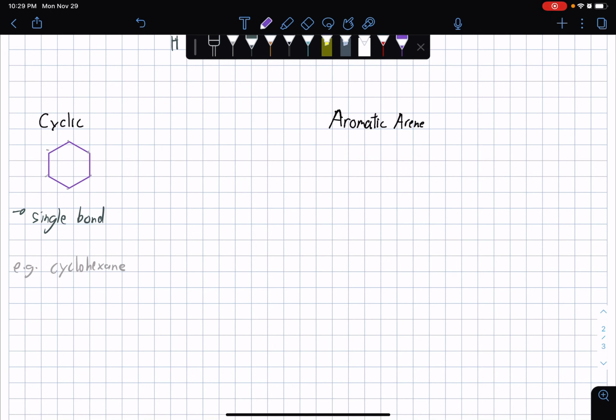Now, let's move on to the last compound that we're going to discuss. Aromatic arene is still a Piatos chip that has a double bond. So in this case, we have carbon, carbon, carbon, carbon, carbon, carbon, and in extension to that, we have hydrogen, hydrogen, hydrogen, hydrogen, hydrogen, hydrogen.